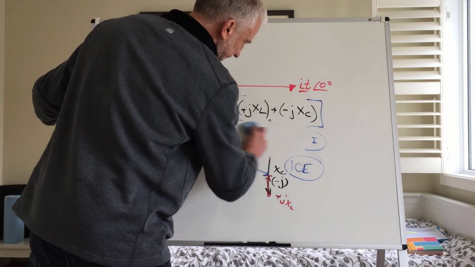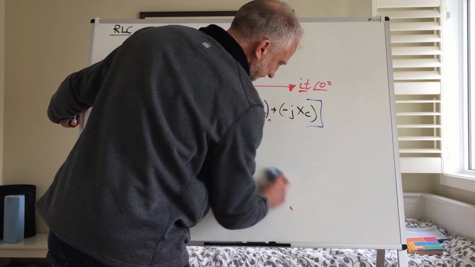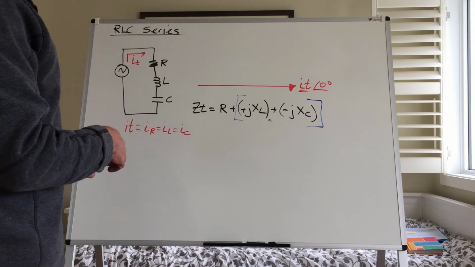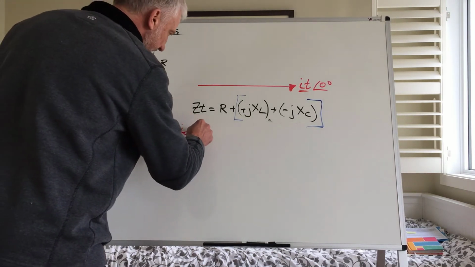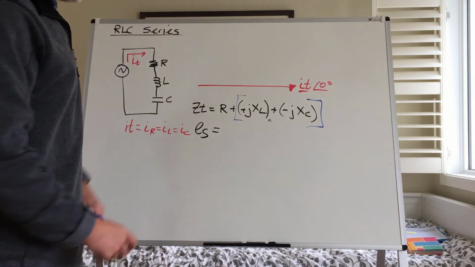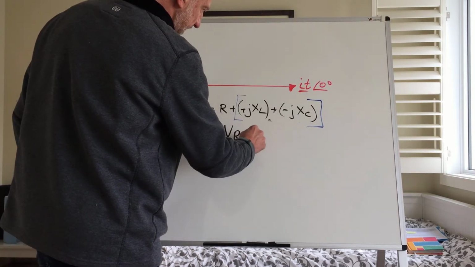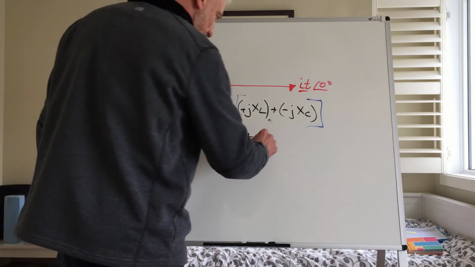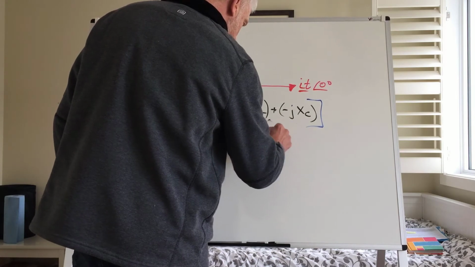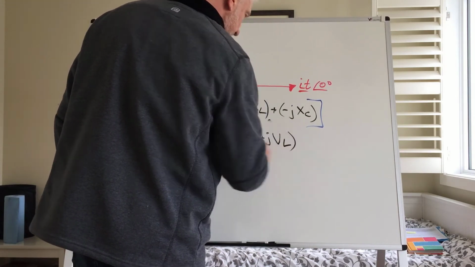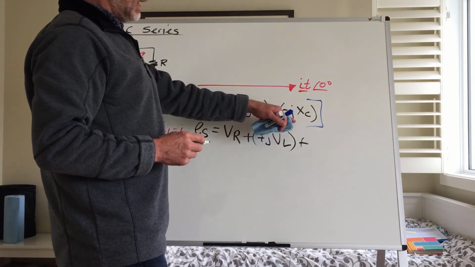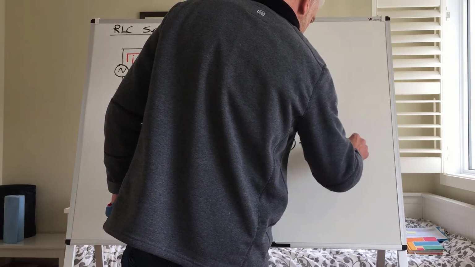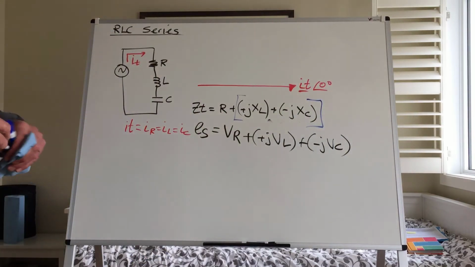What we're going to do is realize that for E total, or total source voltage, ES is going to equal our VR plus, now remember that's a plus J component multiplied by I total, so it's simply going to be a plus J VL value added onto I total times minus J, minus J VC value to give us our total voltage.